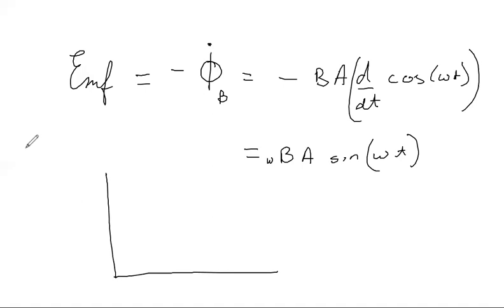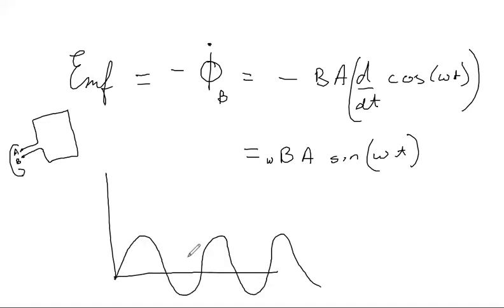So we have this square that's rotating, and if you were to measure the difference in potential, or measure the voltage with a voltmeter between points A and B, you would get a curve which looks like that. So this would be the EMF around this loop. It would go up and down sinusoidally.